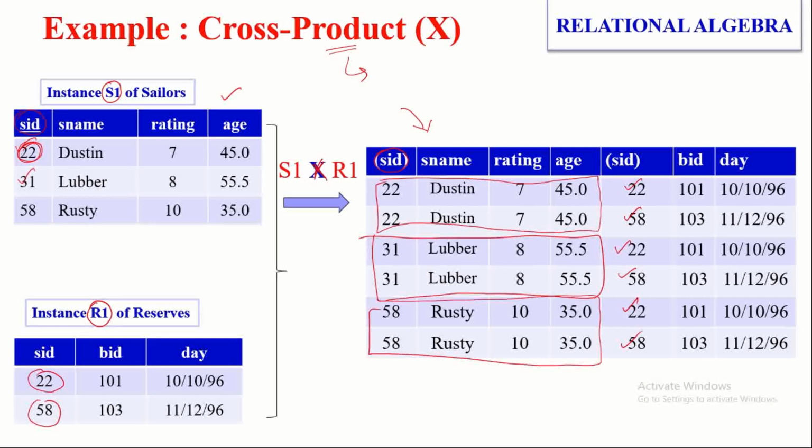Since the SID field is present in both the input tables, when they are combined in the output, two fields have the same name. So it leads to a naming conflict. So in order to emphasize it, these fields are represented within parentheses. That is, these fields will not be identified using their name and will be identified by their position only.